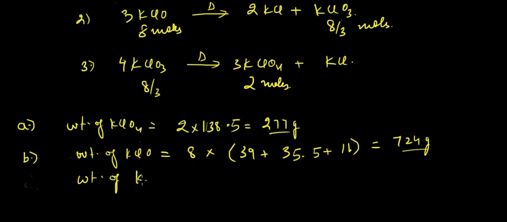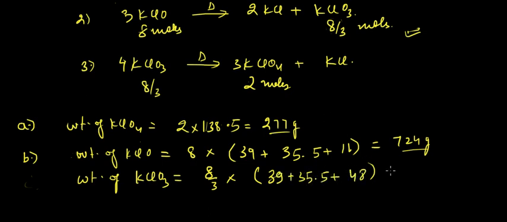So the weight of KClO3 would be 8 by 3, the number of moles of KClO3 produced here, times the molar mass of KClO3, which is 39 plus 35.5 plus 48 for O3. So this answer would come out to be 326.6 grams.